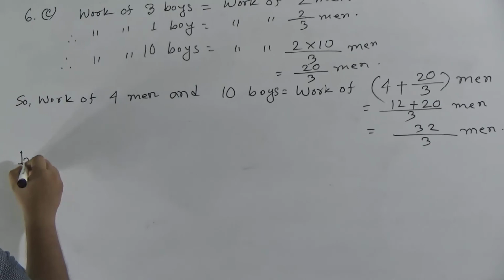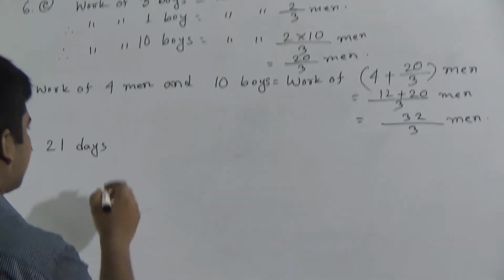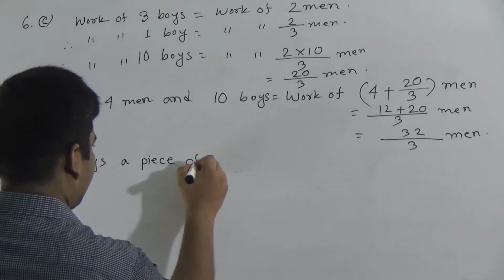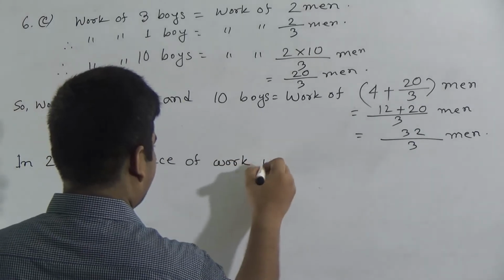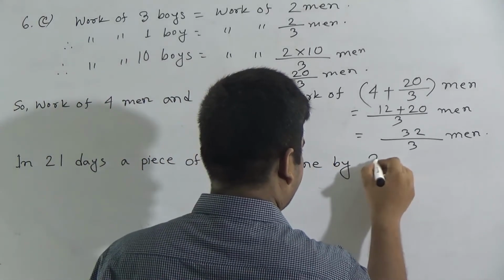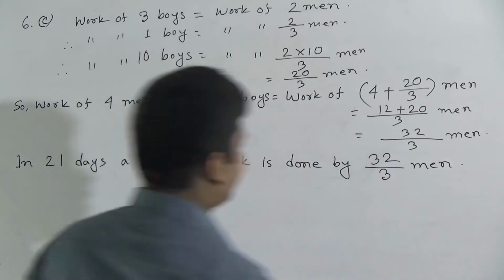Now, write in 21 days a piece of work is done by 32 by 3 men.